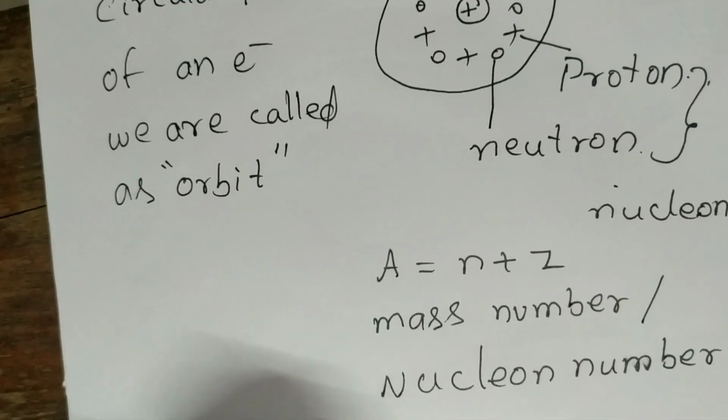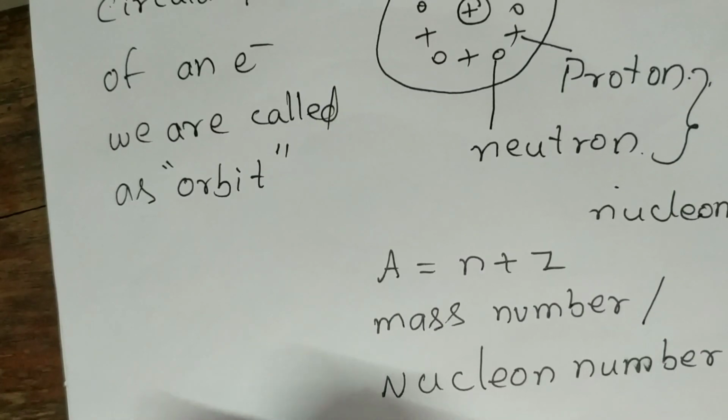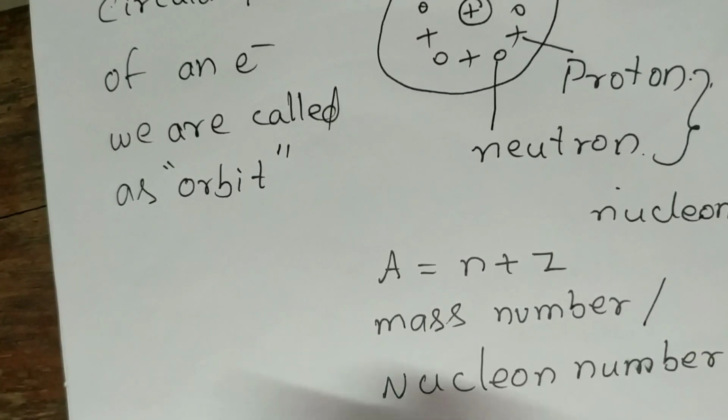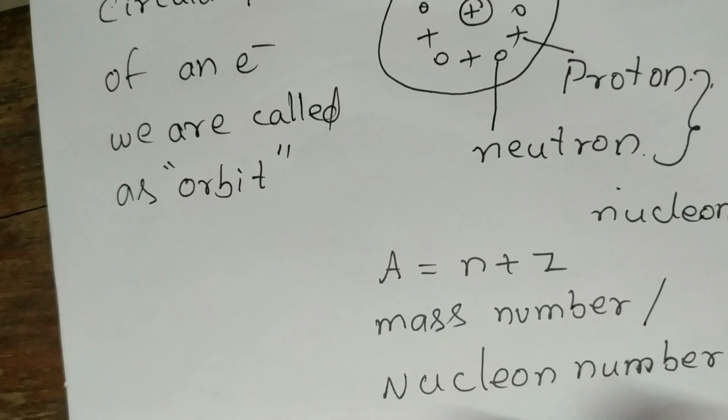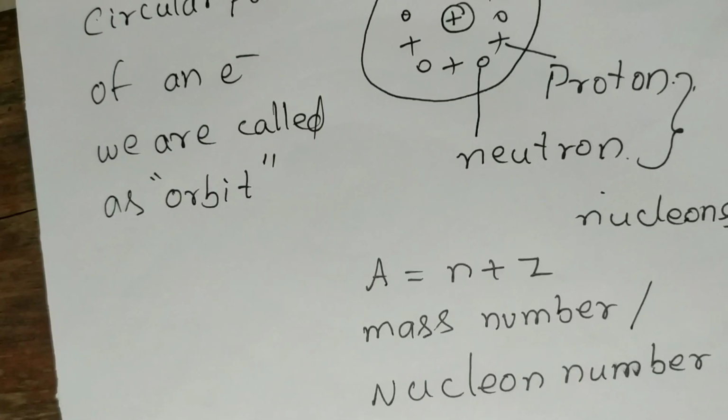Next, another one, subshells. What is meant by subshells? Subshells are also called orbitals. And these orbitals contain electrons.